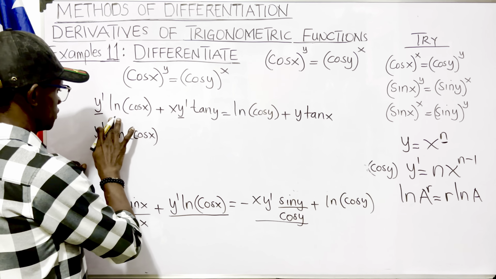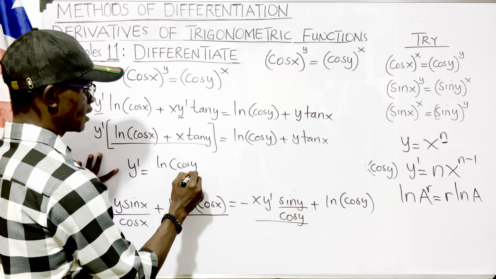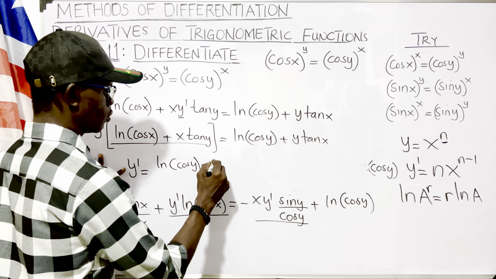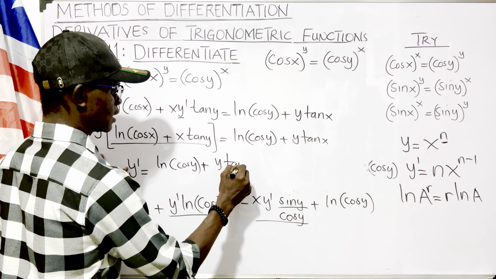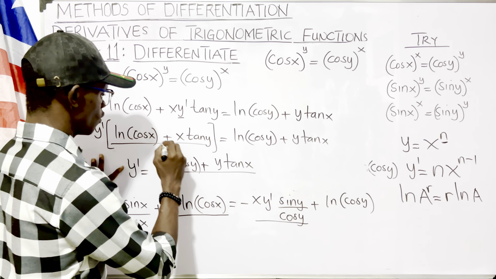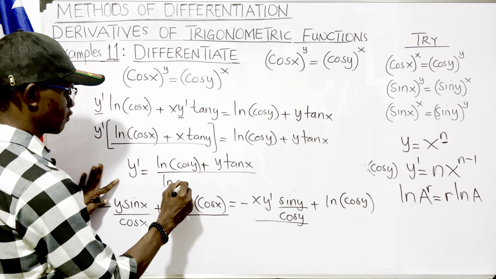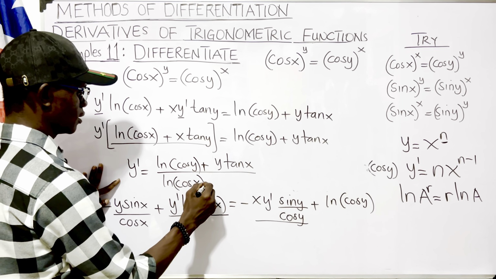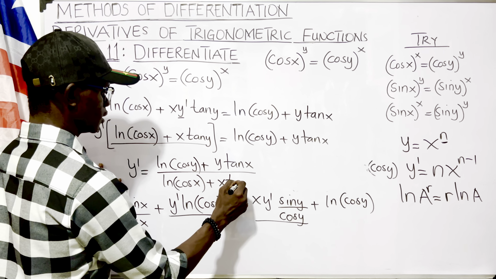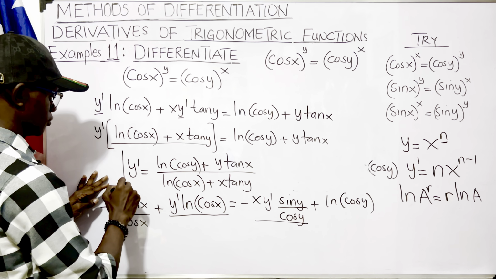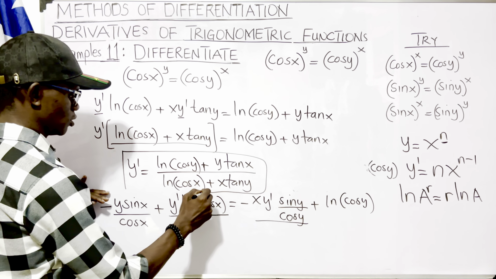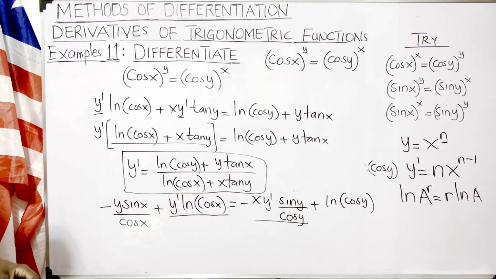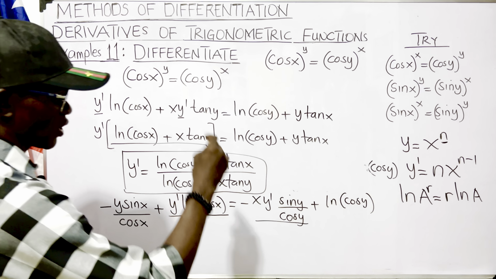So we divide both sides by this expression. On both sides, we will have y prime equal to ln of cos of y plus y tangent of x, all over ln of cos of x plus x tangent of y. So this is exactly what we're going to get for this problem.